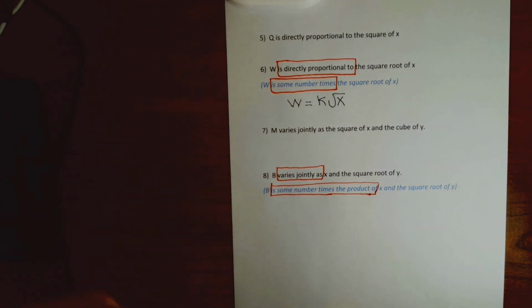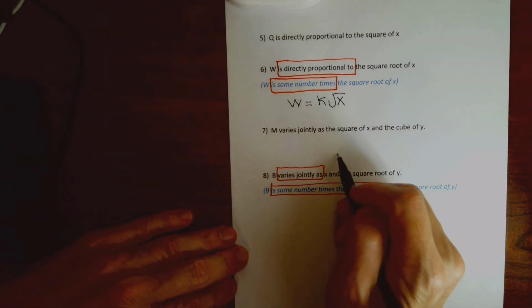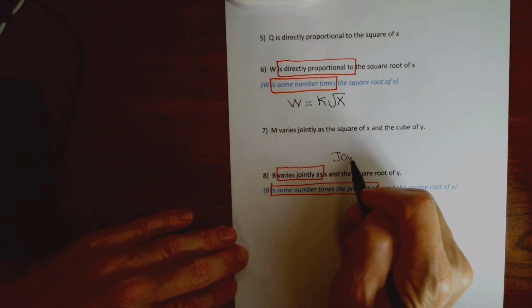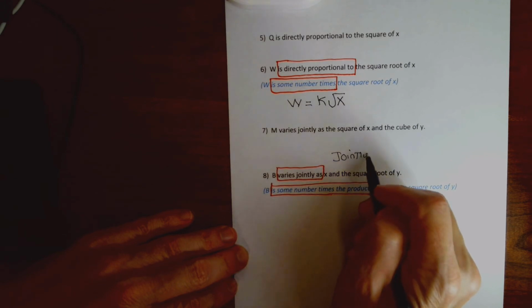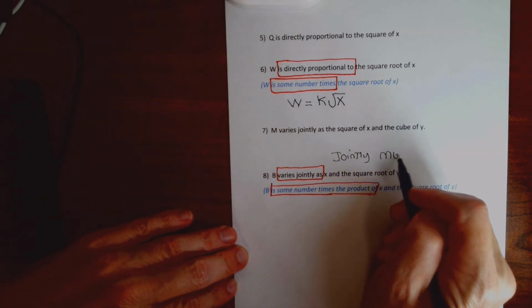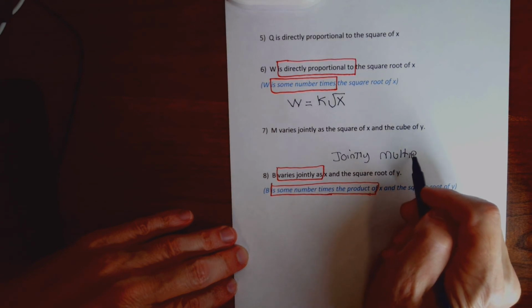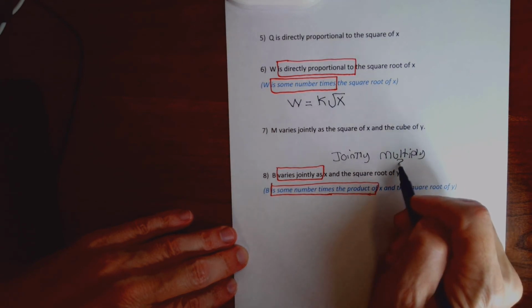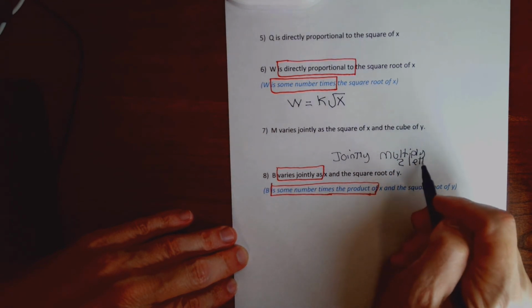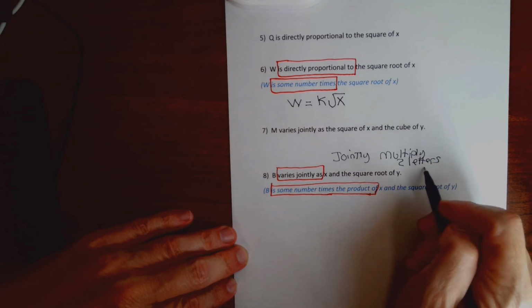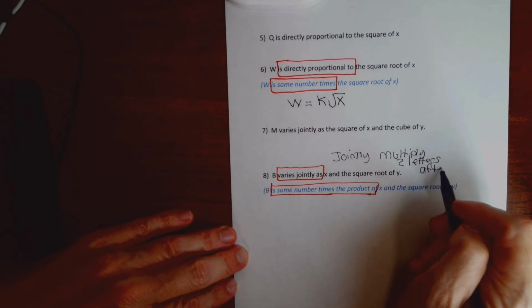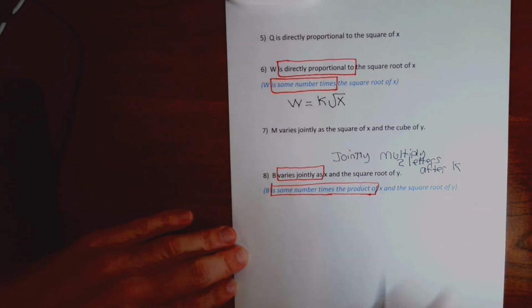If I see jointly, I think multiply, just like if I see directly, I think multiply, but I'm going to get 2 letters after the k in jointly, 1 letter after the k in directly. If I see inversely, I get a fraction with a k in the numerator.